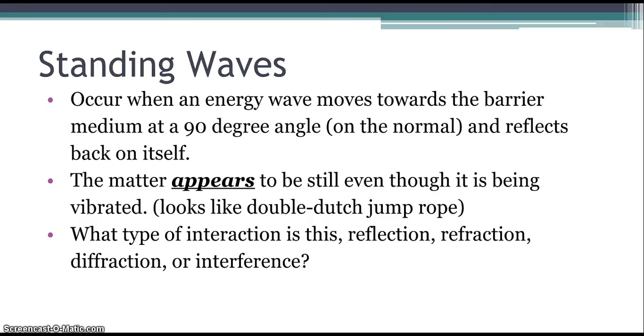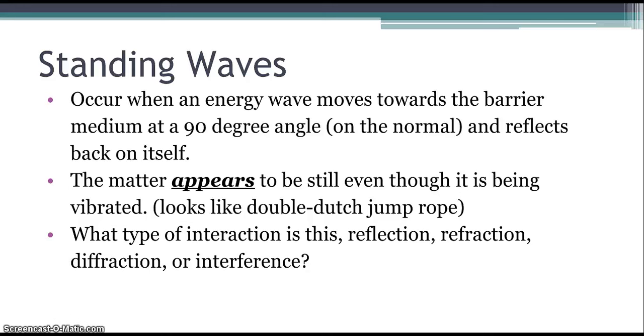And so the matter that it's disturbing almost appears to be standing still, even though it's being vibrated back and forth. And sometimes the amplitude of the standing wave can increase and sometimes it can decrease. It just depends on how exactly it bounces back onto itself, and where the crest matches up with the crest, or if the crest matches up with the trough, etc.